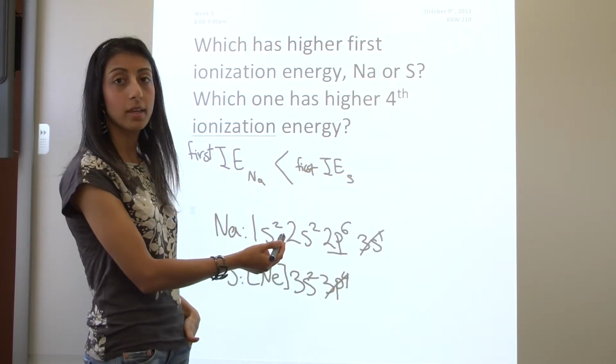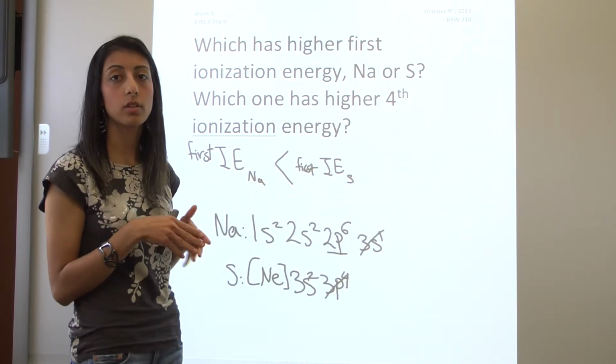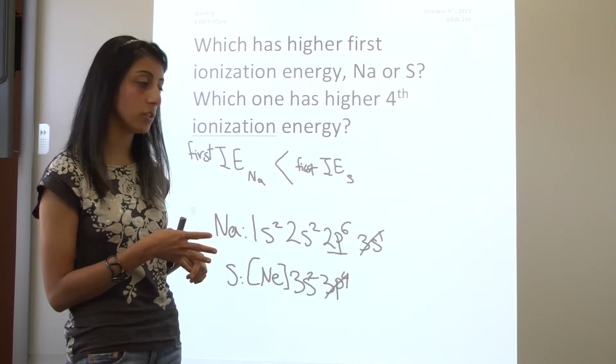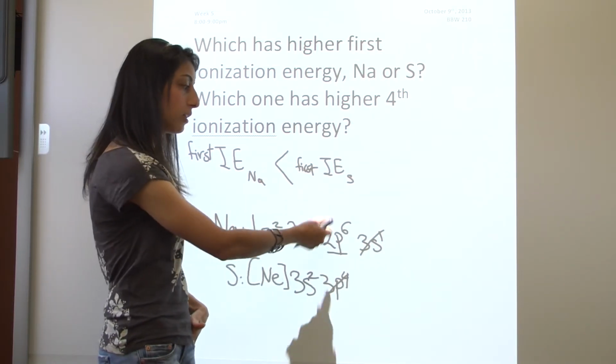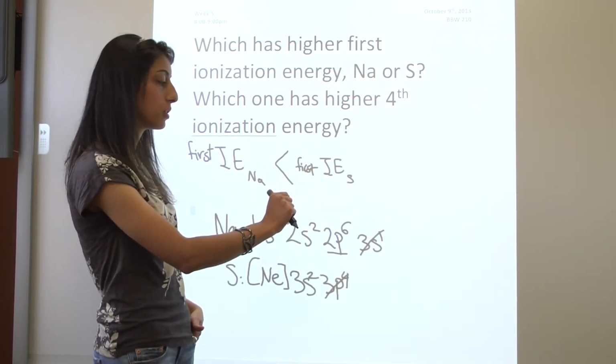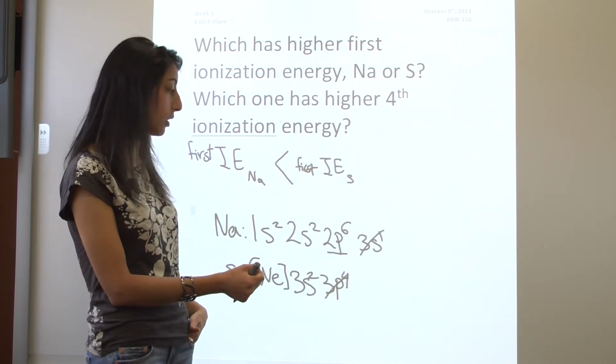That's also going to make it tough because we're unpairing these electrons. When electrons are paired, they're more stable, they're happier, they're in a lower energy state. So it would be harder to remove those electrons from the outer shell because you're unpairing the electrons.